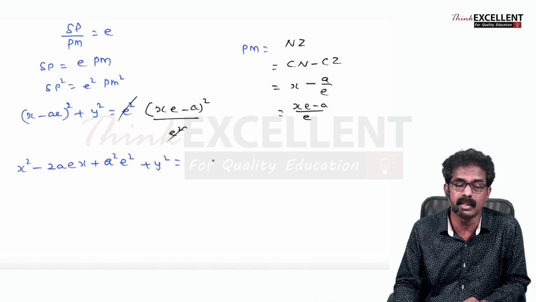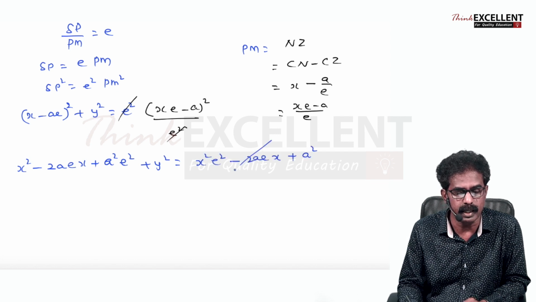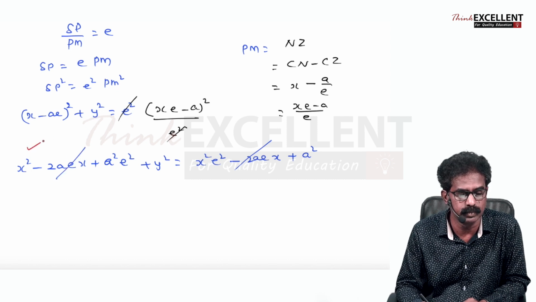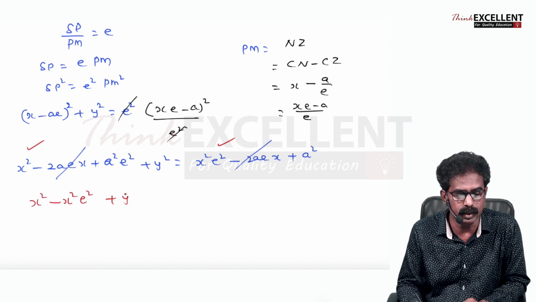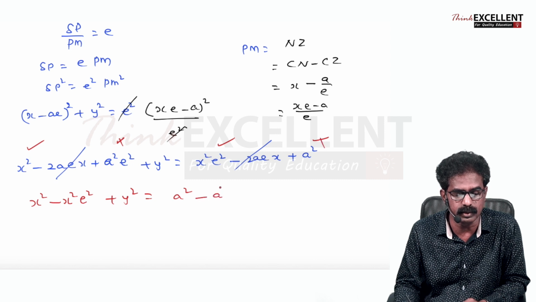Right side also expand: X square E square minus 2AEX plus A square E square, right? So minus 2AEX you cancel. Now group X terms: X square minus X square E square plus Y square. Remaining, take it to the right side, so minus A square E square.